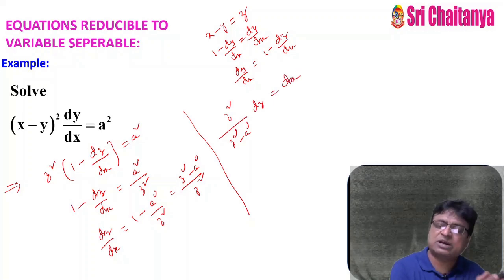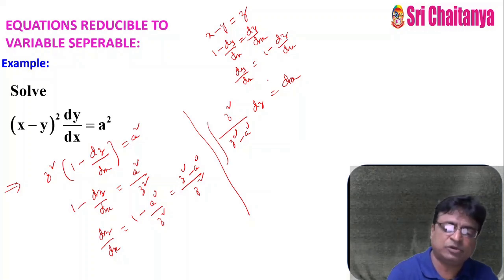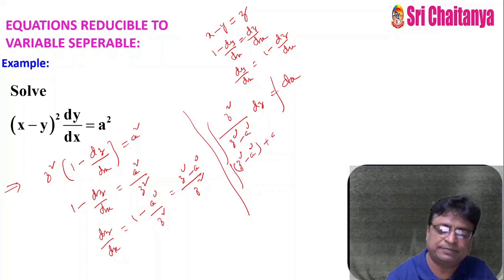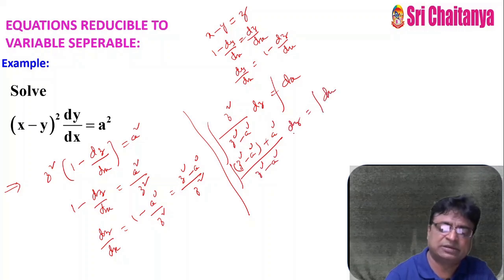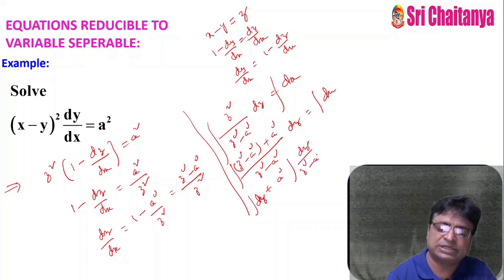All z terms are with dz and all x terms are separated. Integrate on both sides. So conveniently what I am doing is adding and subtracting a square to the numerator, z square minus a square plus a square by z square minus a square dz is equal to integration dx. So after simplification, this is integration 1 dz plus a square integration dz by z square minus a square is equal to x.